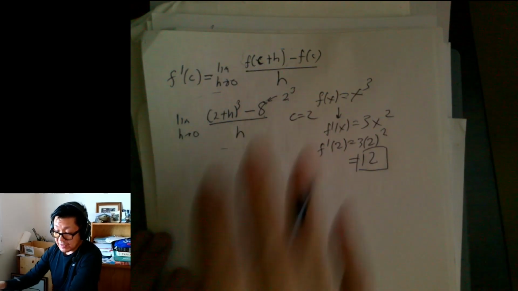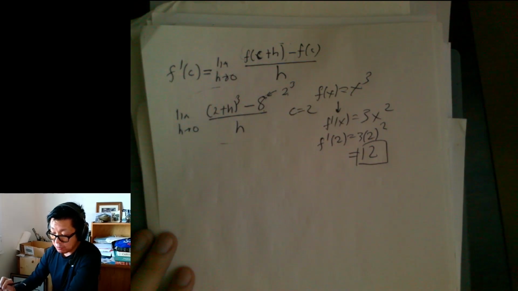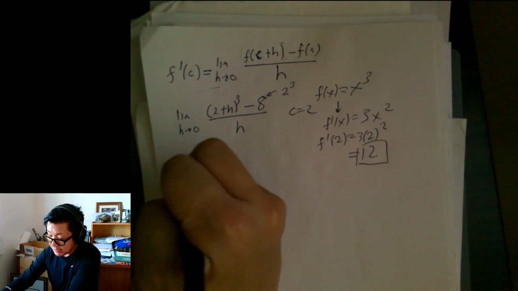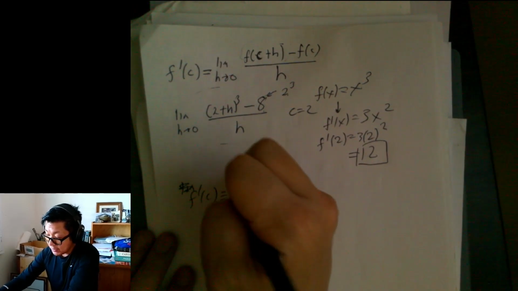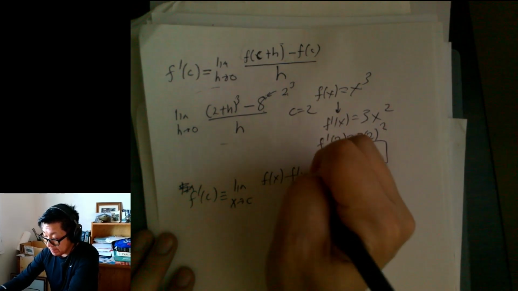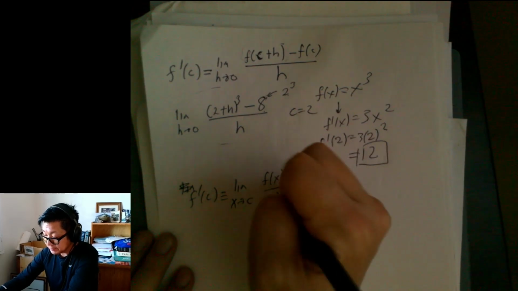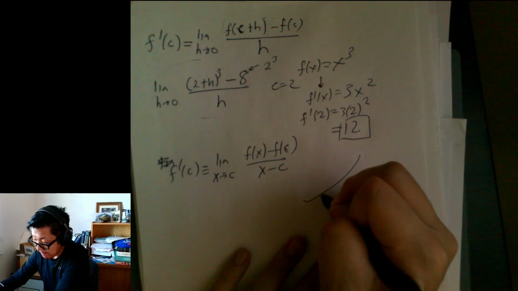The last form of the definition of the derivative looks a little bit different. Instead of the limit as h approaching 0, you're going to have a limit as x approaches c. Same concept here though.